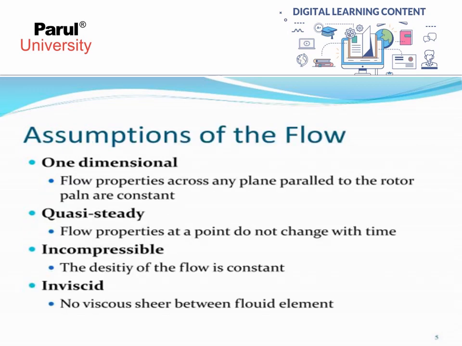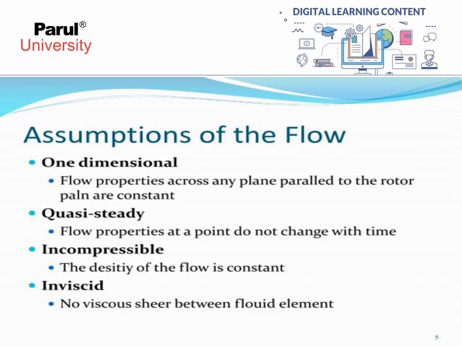Now first is the assumptions of the flow. What are the assumptions of the flow? First is one dimensional: flow properties across any plane parallel to the rotor plane are constant.